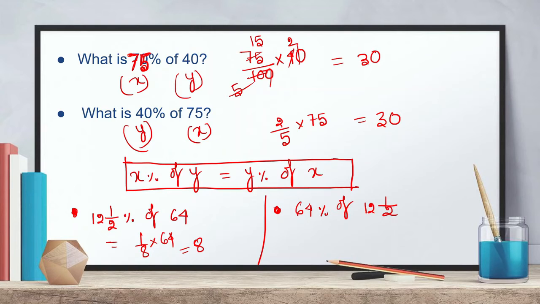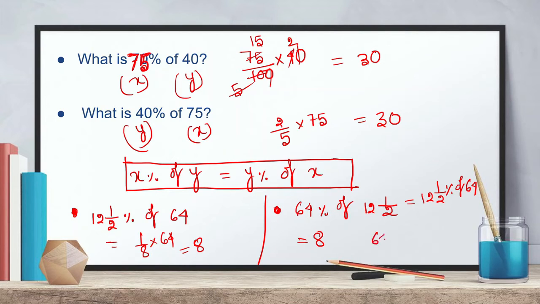And what is the answer of the second question? That is 64 percentage of 12 whole 1 by 2. That is also 8. Because we can write this one as 12 whole 1 by 2 percentage of 64, as x percent of y equal to y percent of x. Otherwise, finding 64 percentage of 12 whole 1 by 2 is difficult.